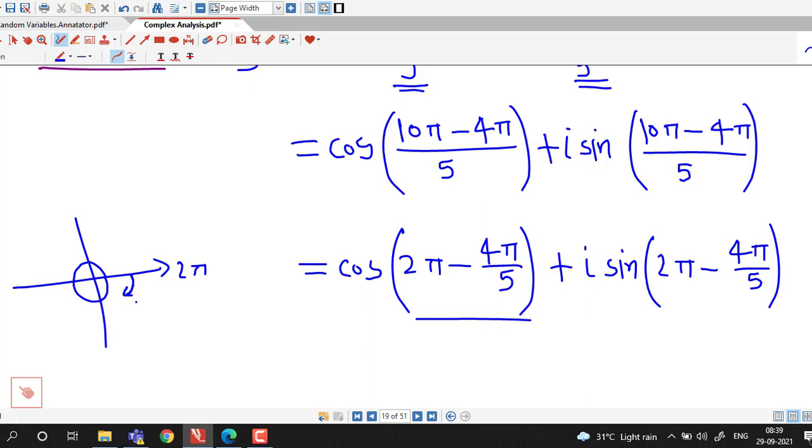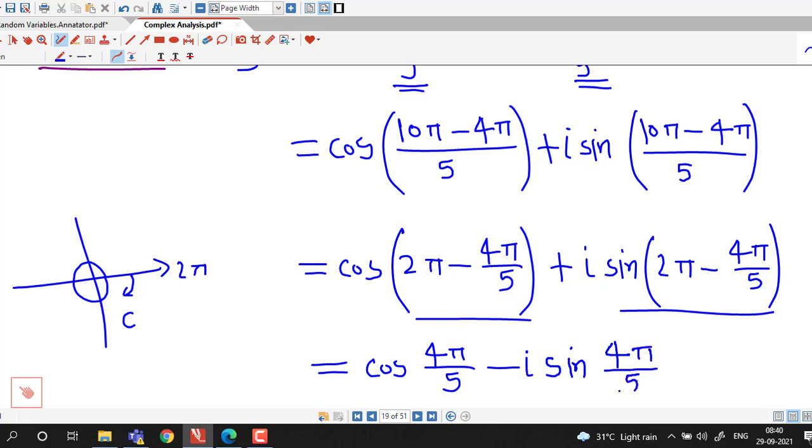So we are in the fourth quadrant, and in the fourth quadrant only cosine is positive. So this is cosine 4 pi by 5, because cos is positive and sine is negative. So sine of this will be equal to minus sine 4 pi by 5.